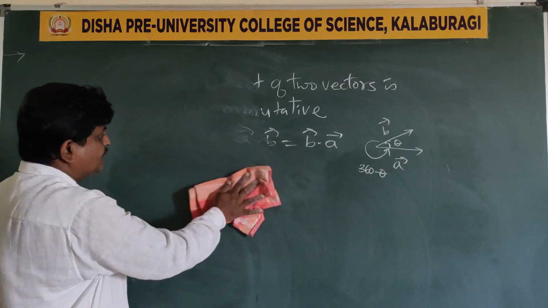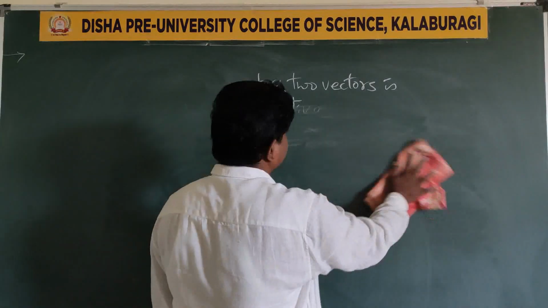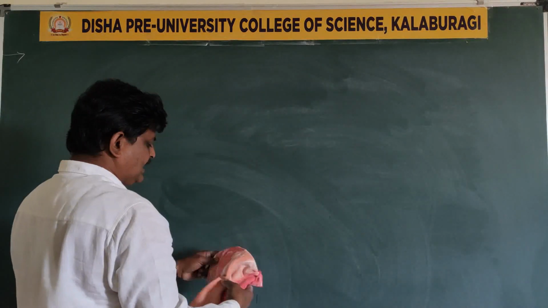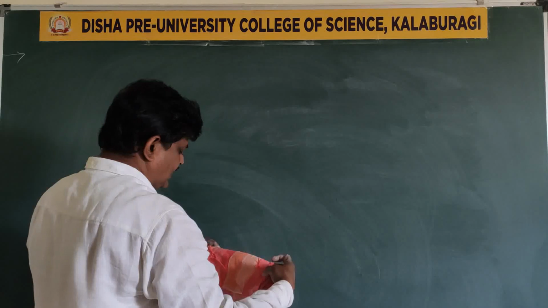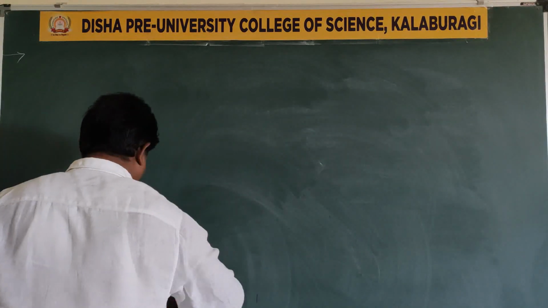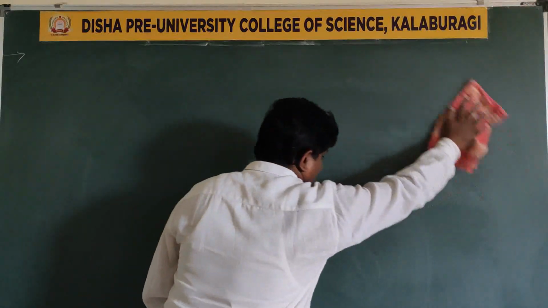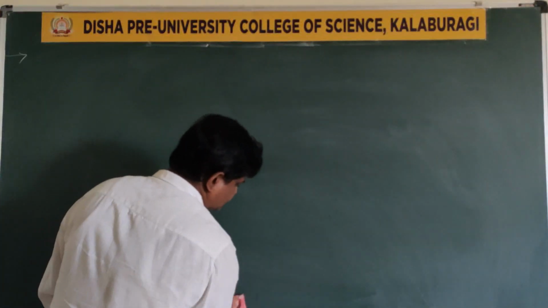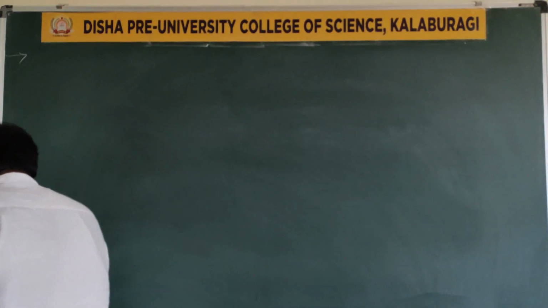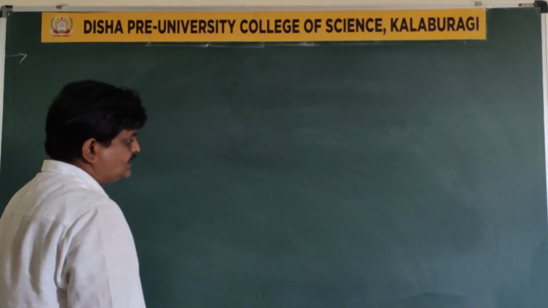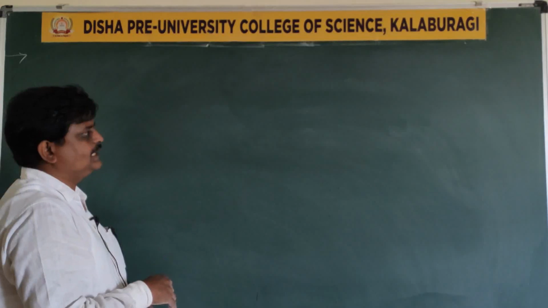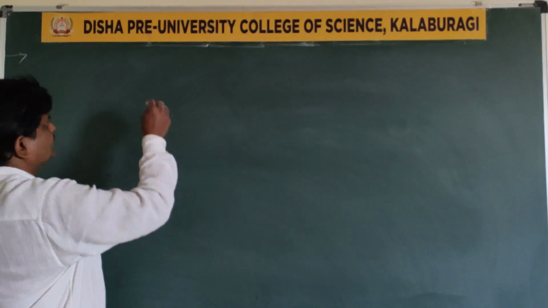What is the name? Vector product. Why is it named vector, please? When you operate any two vectors, if your answer is a vector, then such a product is referred to as the vector product, or it is popularly known as the cross product. Ready? See, just like we have seen properties of the dot product, here also there are properties of the cross product.